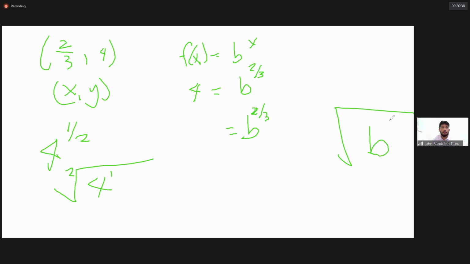Ano yung i-square mo? Pagkukunan mo ng cube root, nasagot ng 4. Ayan, o. Ano yung number na yun pag i-square mo, tapos kukunan mo ng cube root, ang sagot niya is 4.